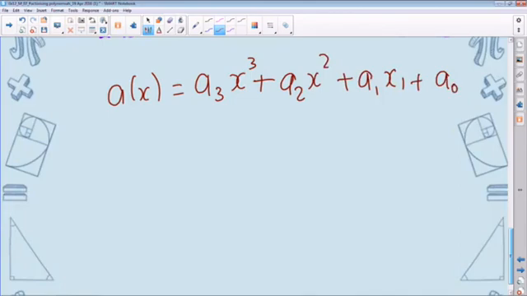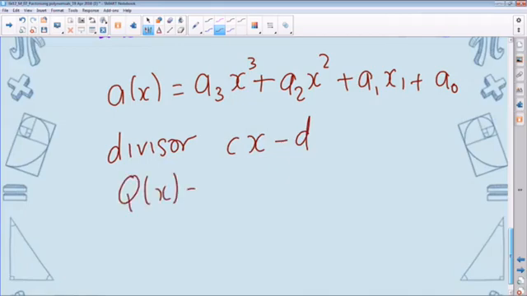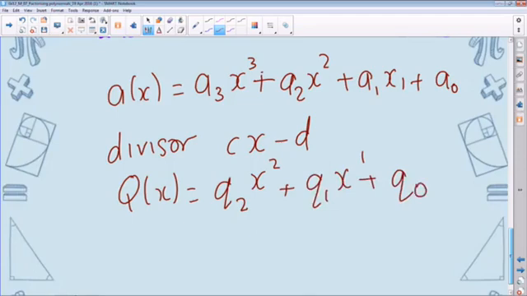And your divisor is cx minus d. This is just the general method we are going through. Your quotient will take the form of some coefficient times x squared, remember, it's always 1 degree less than your dividend, plus some coefficient times x, plus your constant term. And your remainder is obviously r of x.